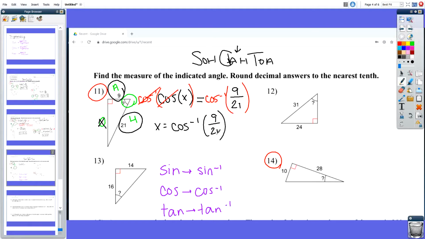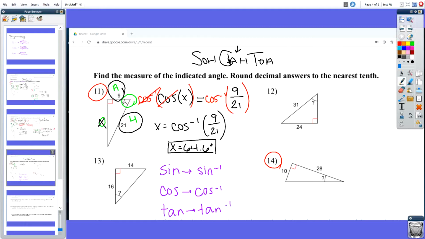And then since we've got x on its own side, we can plug that right into our calculators. So I'm going to put in inverse cosine, 9 divided by 21. Hit enter, and we can see that this angle, rounded to the nearest tenth, is going to be 64.6 degrees.